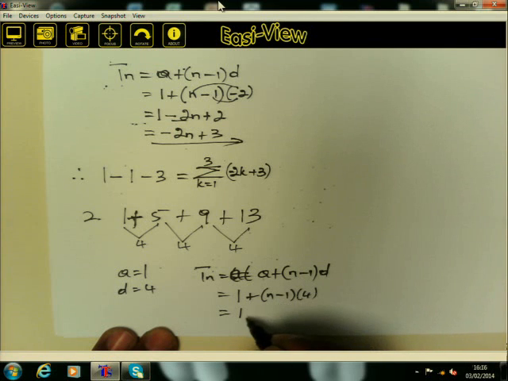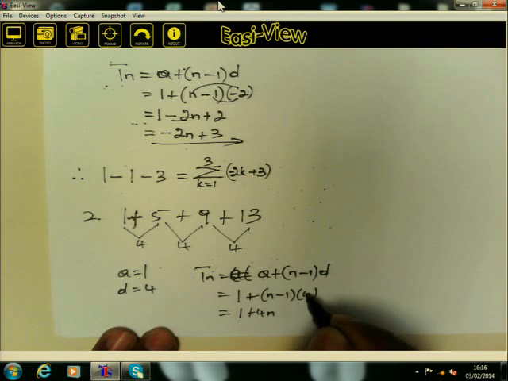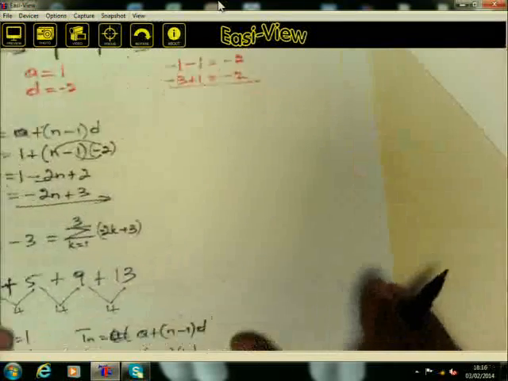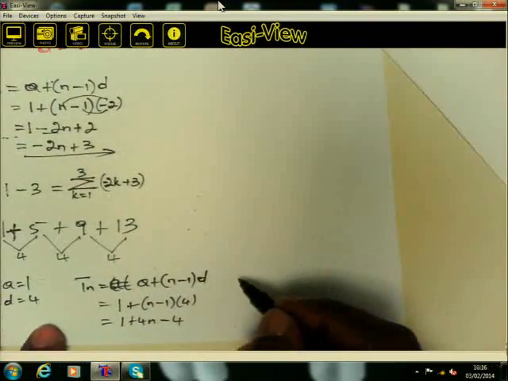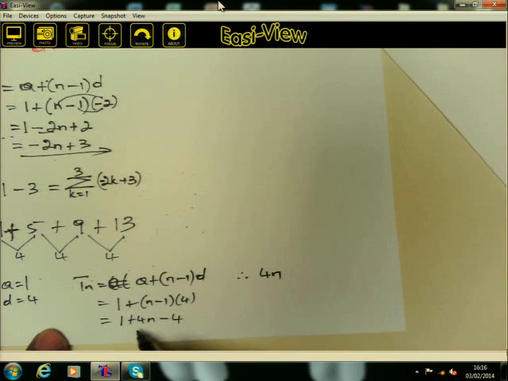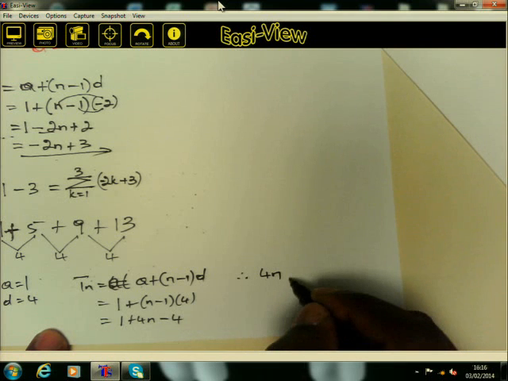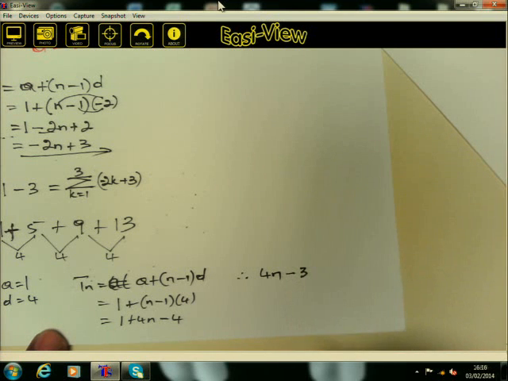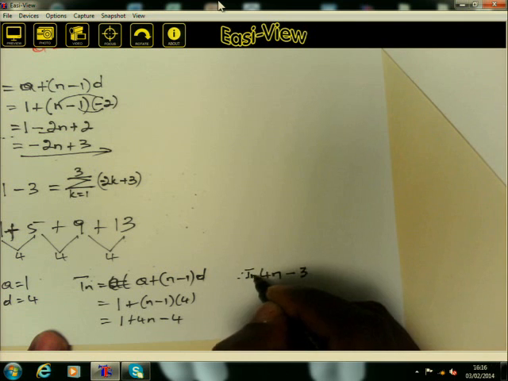When you multiply there, you get 4n. When you multiply there, you get minus 4. We can finish it up there. Therefore, we are going to have 4n. Minus 4 plus 1 is nothing else but minus 3. This is Tn.